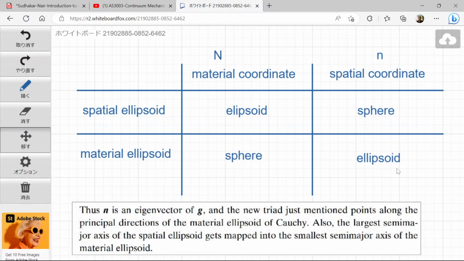Is this one? This one? Also, the largest semi-major axis of a spatial ellipsoid.